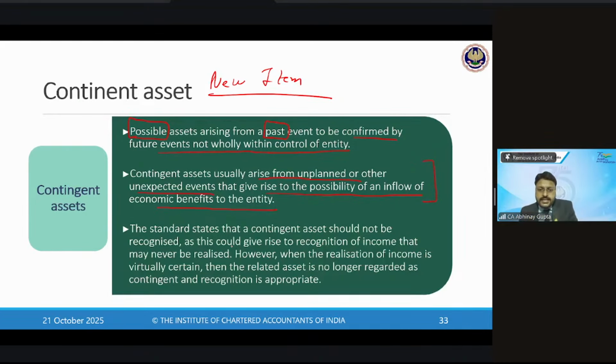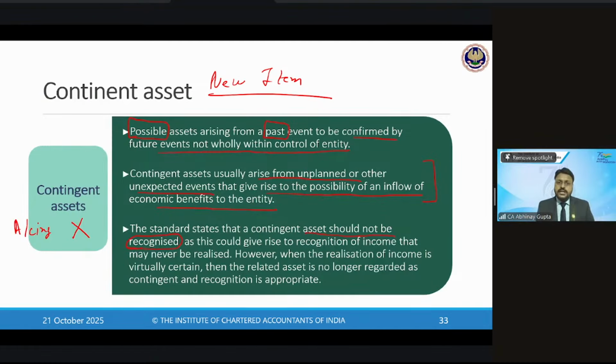The standard states that a contingent asset should not be recognized. So accounting is prohibited. We are not going to record this contingent asset on our balance sheet, right? So the balance sheet will not have these contingent assets.